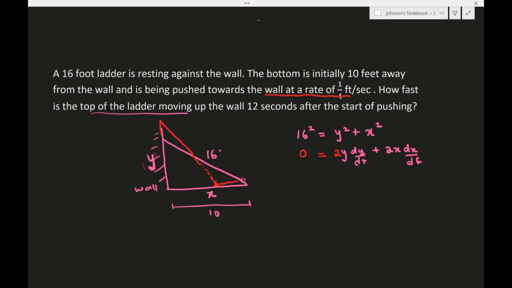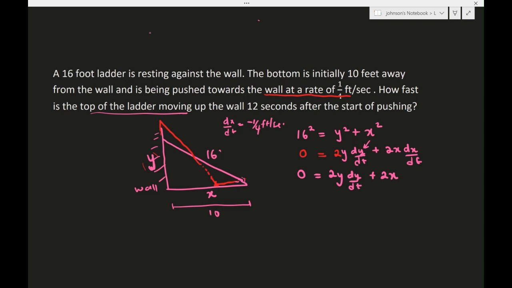Okay. Now we need to know so many things. dy/dt is actually what we are looking for. But let's put the ones that we know first. This is 2y dy/dt plus 2x dx/dt. The dx/dt is given. It is the horizontal distance, changing at minus 1/4 feet per second, because you are pushing it.